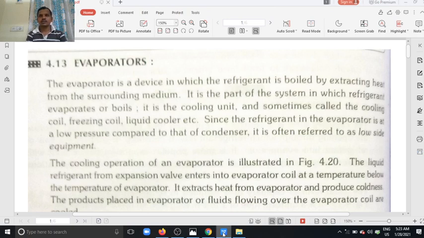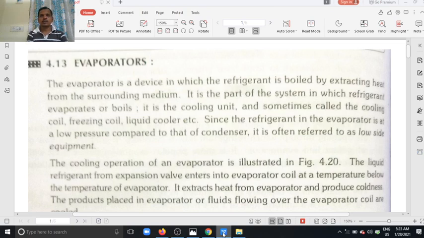Otherwise it changes its temperature, if it absorbs the sensible heat, and goes to the suction pipe and to the compressor.